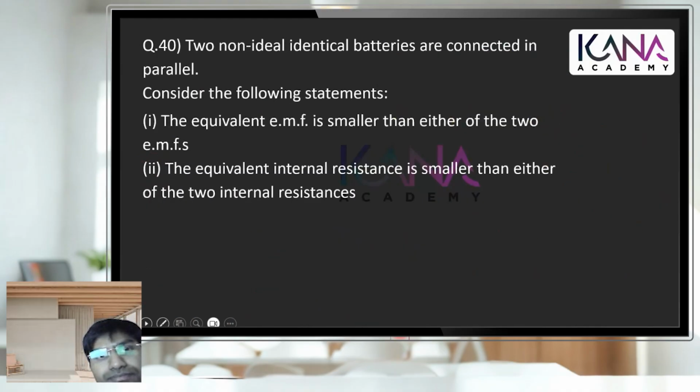Next question. Two non-ideal identical batteries are connected in parallel. There are statements 1 and 2. Statement 1: the equivalent EMF is smaller than either of the two EMFs. Actually, the equivalent EMF stays the same as one cell.